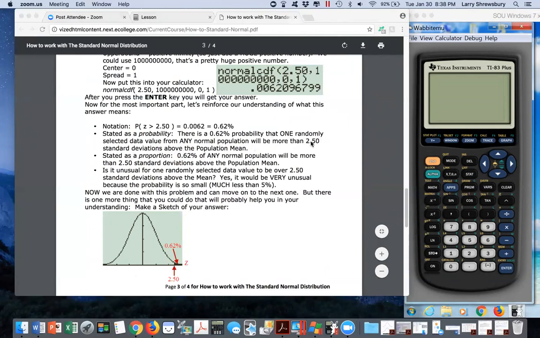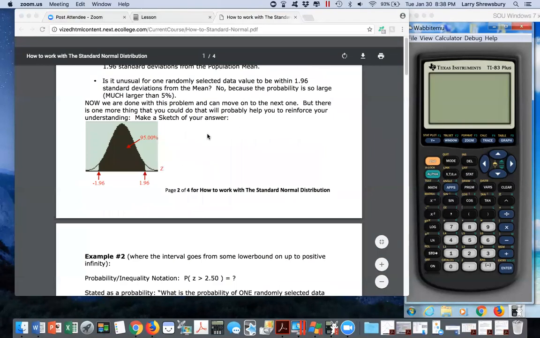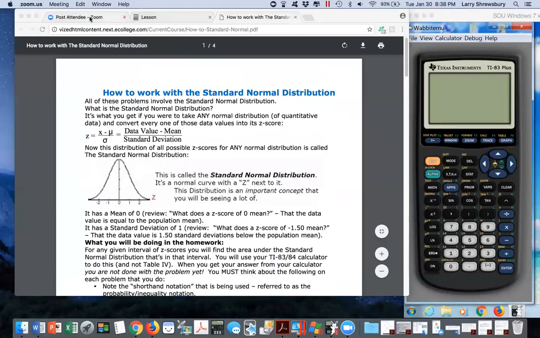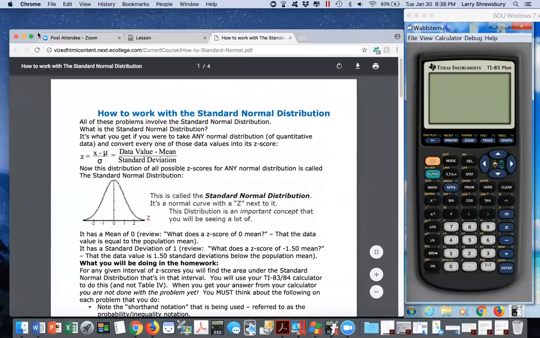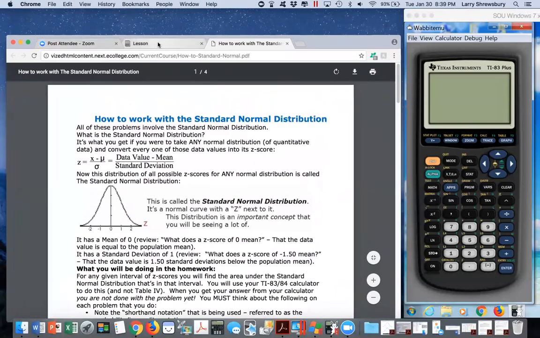Because it's a positive z-score, we know we're that far above the population. So this gives you examples on how to interpret that, and over here you've got a little picture of it. Once again, that's in your Learning Module 11 in the Lessons tab.